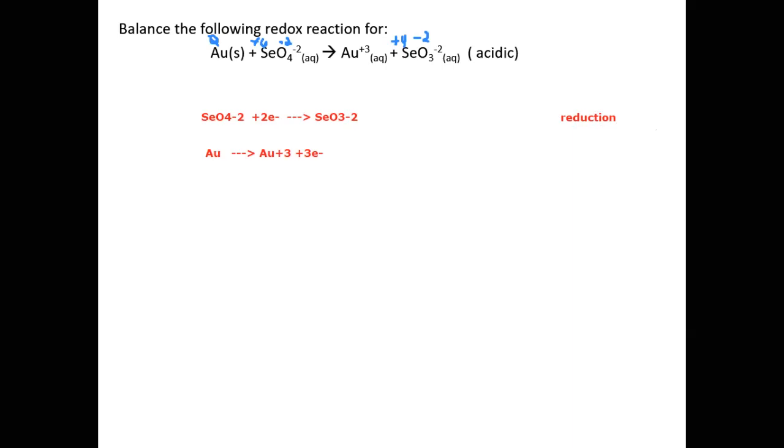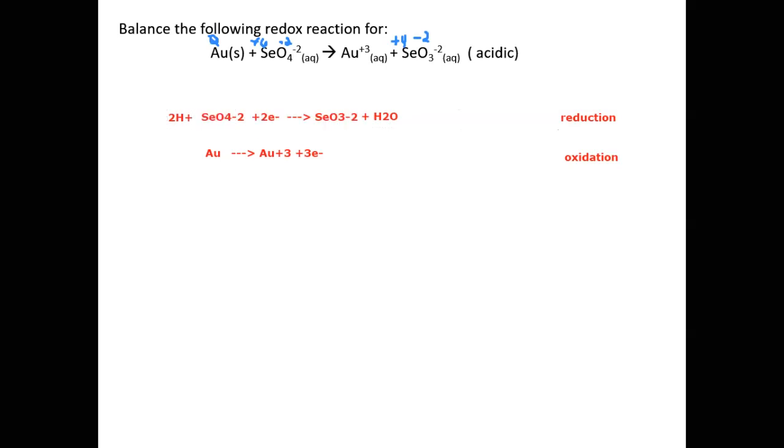And this is oxidation. Now we need to balance the non-oxygen hydrogens. You see that they're balanced, selenium 1 to 1, gold 1 to 1. So now we need to balance the oxygens. Well, here there's 3 oxygens, the other side is 4, so we need 1 water molecule. Gold doesn't need anything, there's no oxygens. And then we need to balance the hydrogens, so we put a 2H plus on this side.